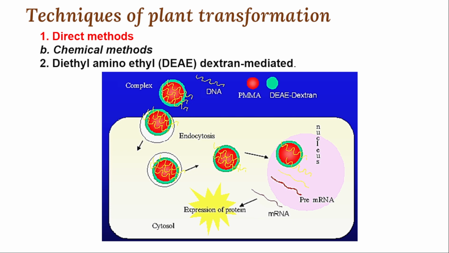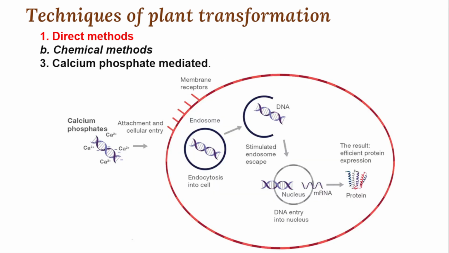In the cytoplasm, this will integrate into the plant genome, and then successfully convert that cell into a transformed cell because of the action of diethylaminoethyl, DEAE. That is one of the prominent chemicals used in the plant transfection method.